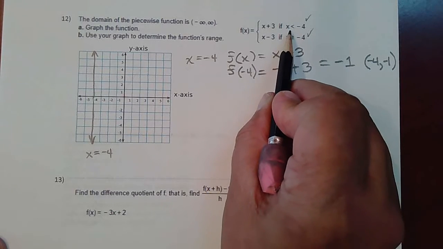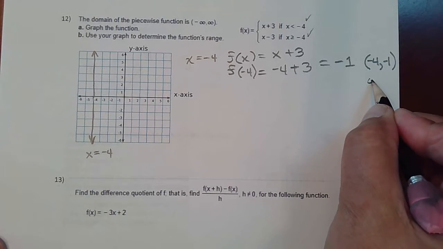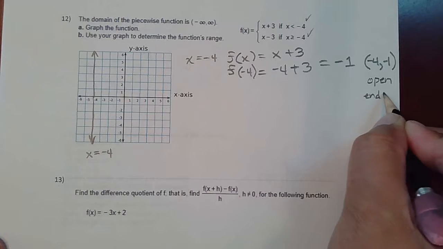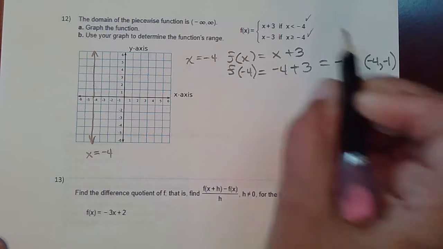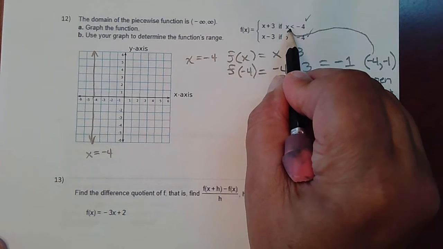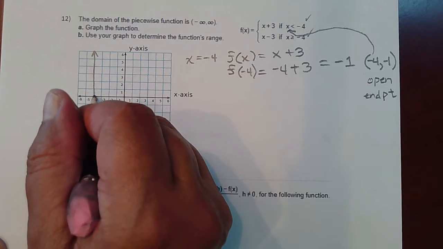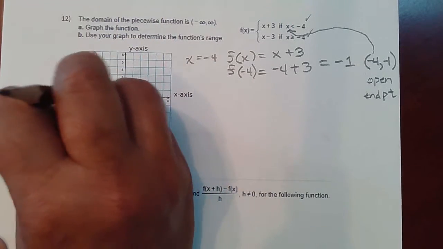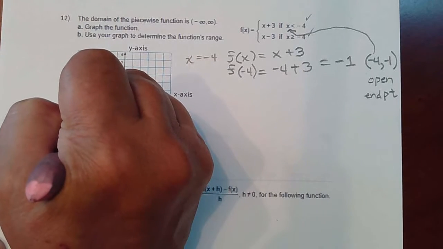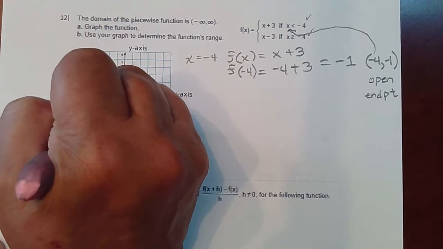Now, because there is no little equal sign here, when you go to graph this, this is going to be an open endpoint. Okay, that's because of that right there. So go plot -4, -1.